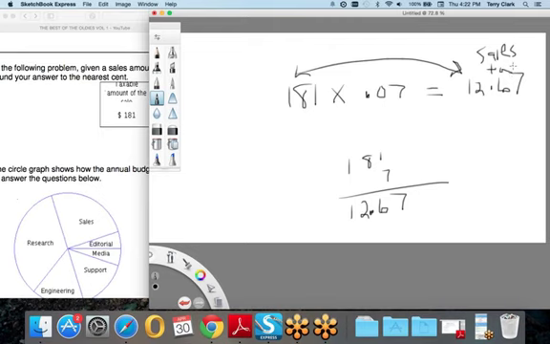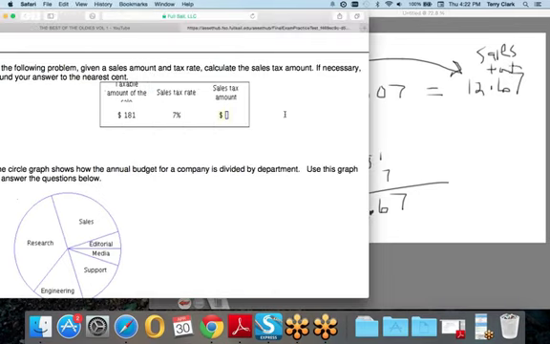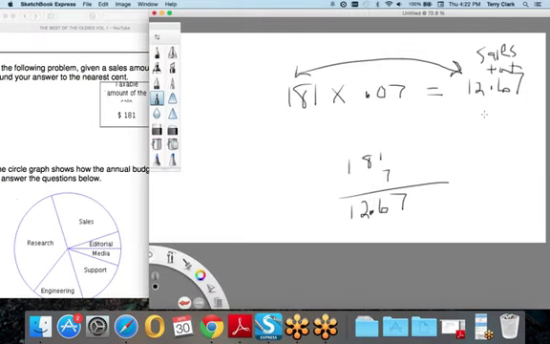I'm not sure if the sales tax amount is the actual sales tax amount of the sale, or if that's the total. But I'm going to go ahead and give you both of them. So we'll take the 181 and we're going to add the 12.67 to it.